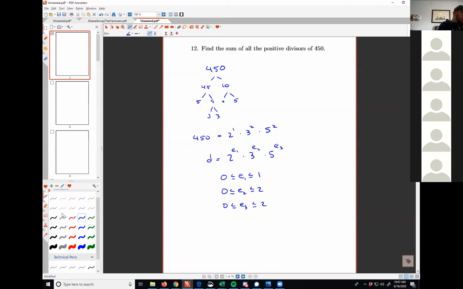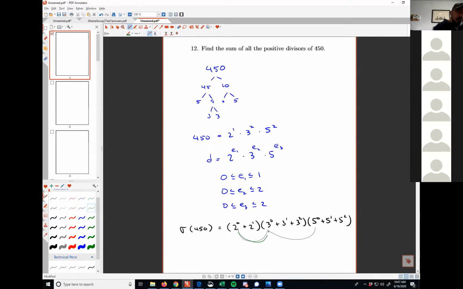And it turns out that we get exactly that if we add together all the possible powers of 2, multiply that by all the possible powers of 3, and multiply that by all the possible powers of 5. All right, do you see that if we do the multiplication term to term, we get, for instance, 2 to the 0 times 3 to the 0 times 5 to the 0.